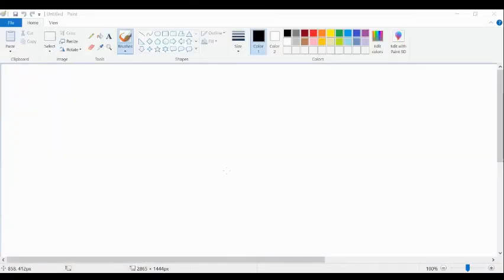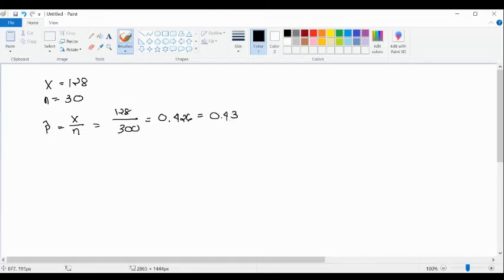Since X is equal to 128 and your N is equal to 300, your P hat would be X over N. Substituting this, we have 128 over 300, which will give us an answer of 0.426. Round this off to two decimal places, that is 0.43. So the estimator of P is P hat, and the estimator of Q is Q hat.